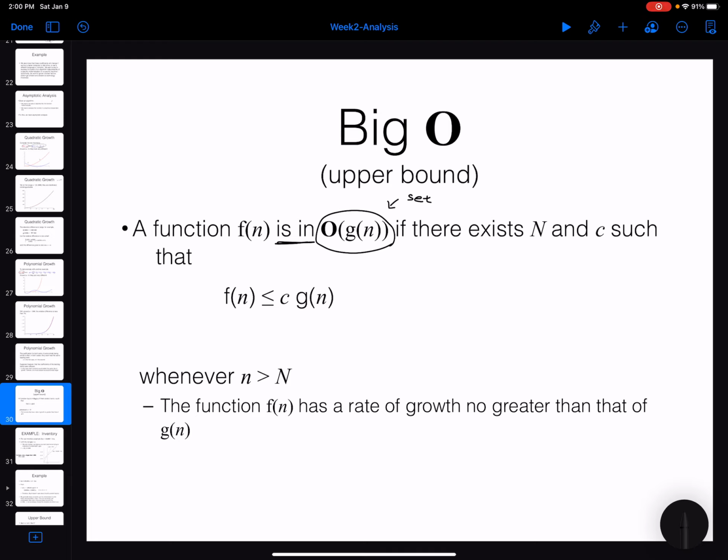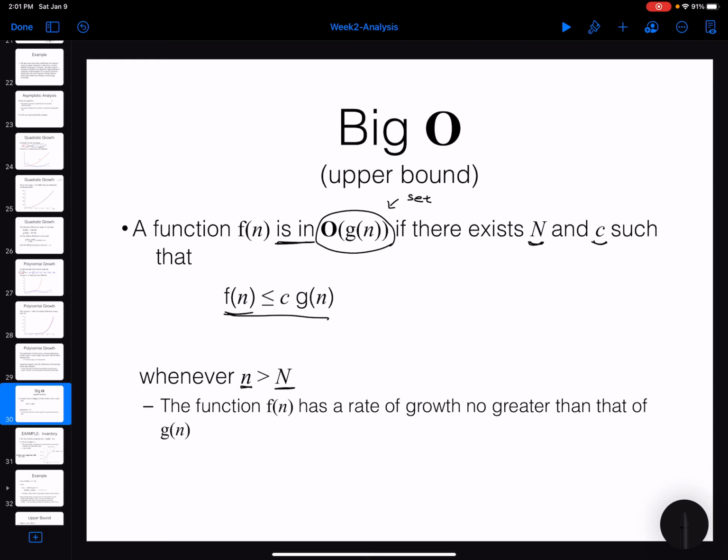We say that a function f of n is in big O of g of n if I can find two constant values, capital N and c, such that for all the values of n greater than capital N, always f of n is less than or equal to c multiplied by g of n.